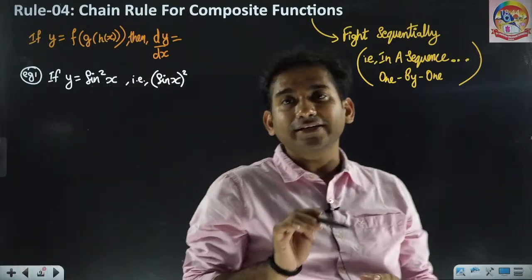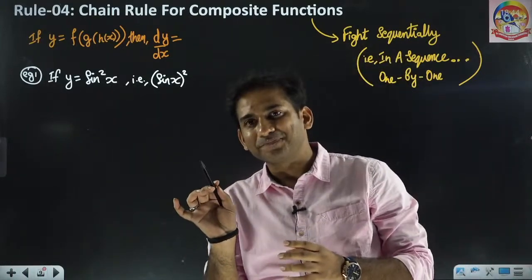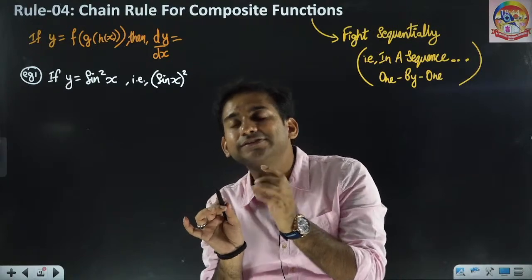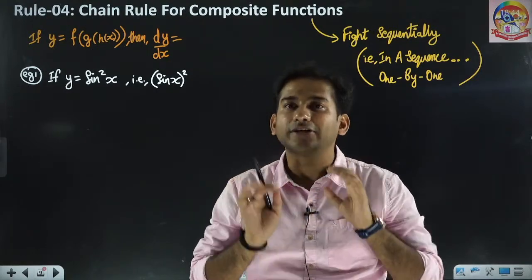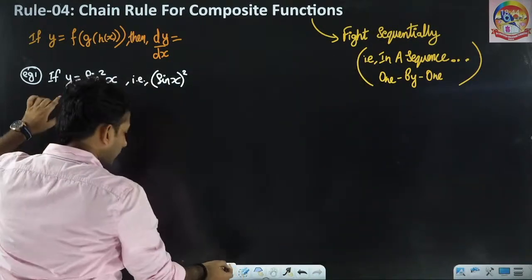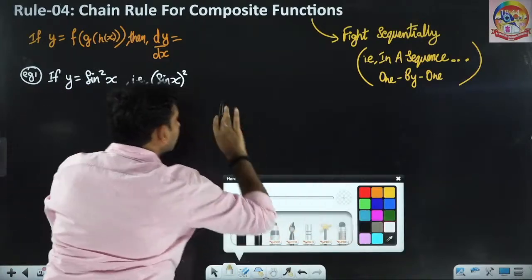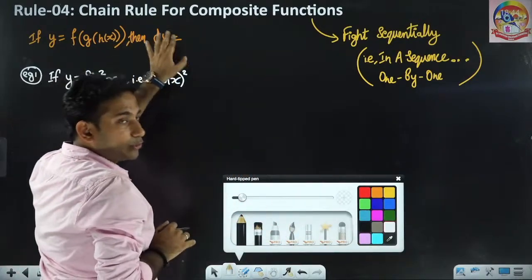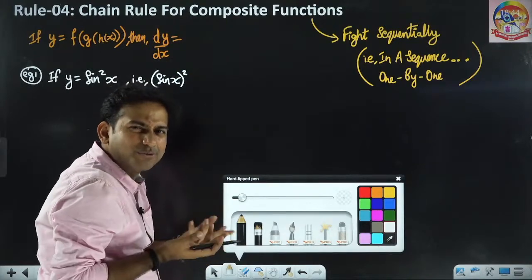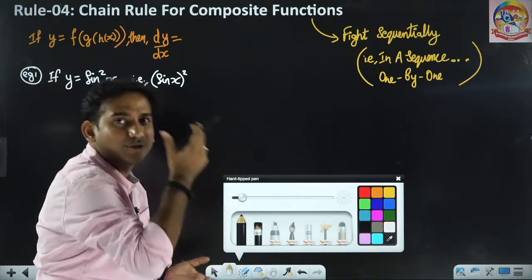While differentiating the outermost function, leave the inner functions untouched. Don't touch them. I will write the rule later on, because the rule looks very tough.